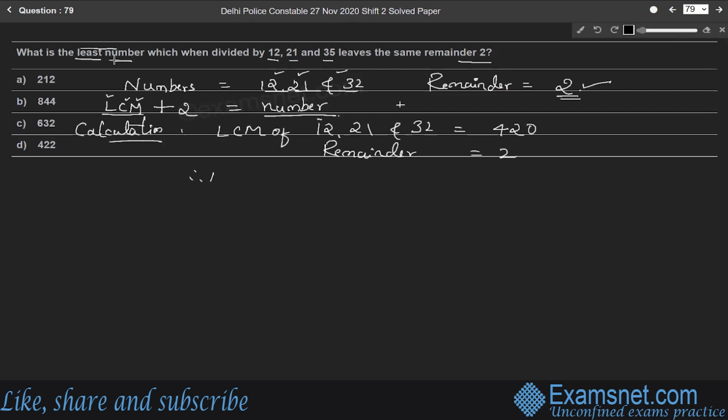Therefore, the required number is equal to LCM plus 2, that is 422. Therefore, the least number which when divided by 12, 21 and 32 leaves the same remainder 2 is 422. Hence option D is the right answer.